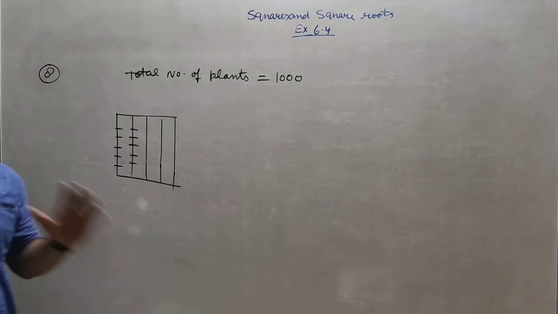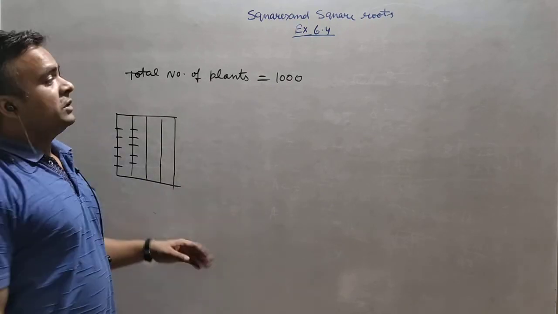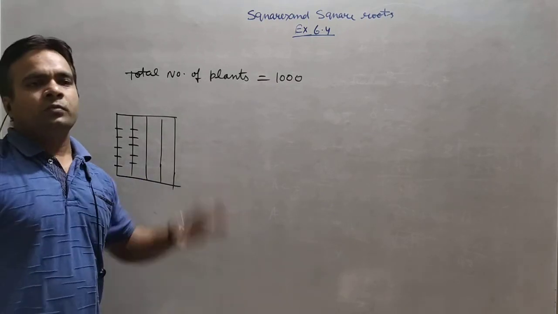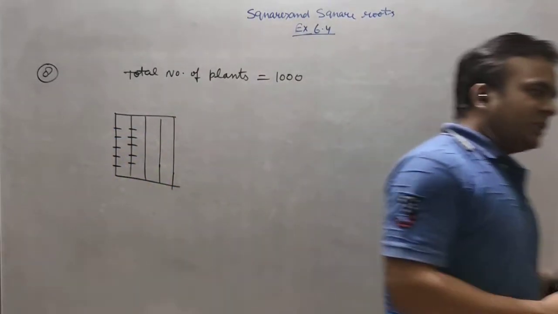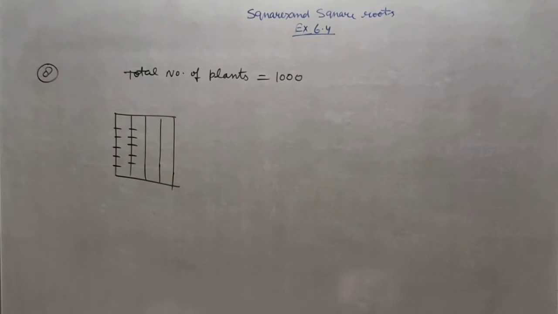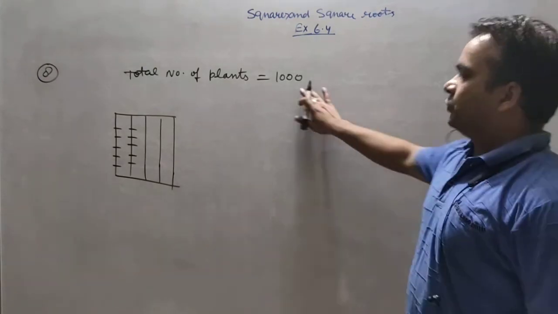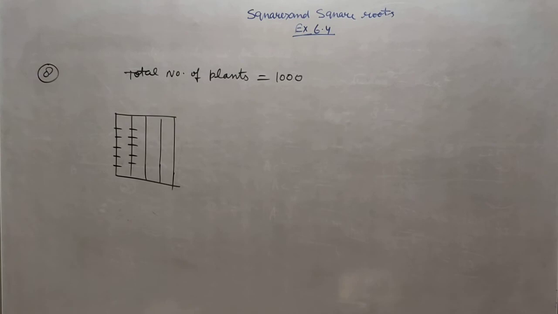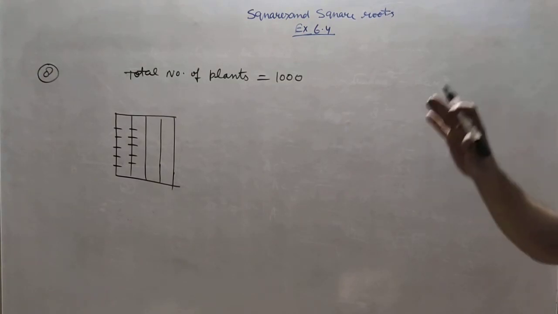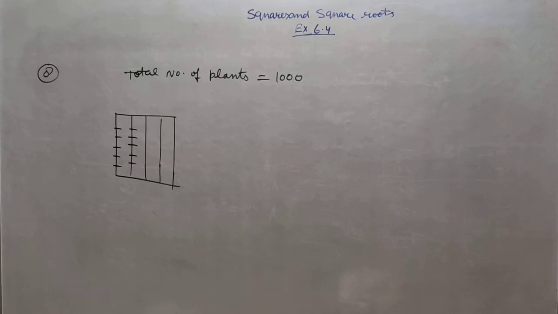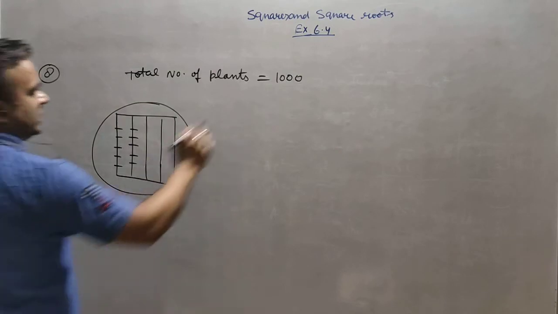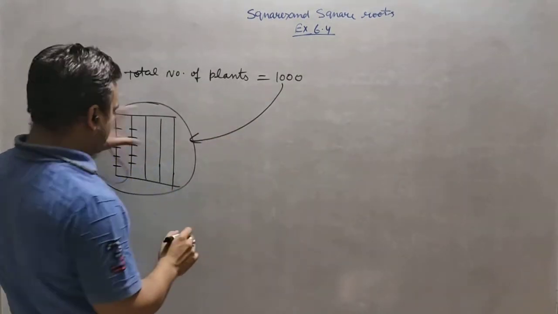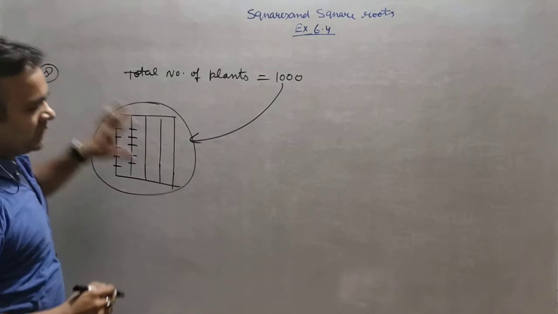If 1000 is not responsible to make a square, then how many plants we have to add to make it a perfect square? So this question I am trying to connect you. This question is saying in different language, what should be added in this 1000 to make it a perfect square? They have just converted this particular sum in this story, right? Number of plants and number of rows are connected with a square, and they are saying this 1000 will complete this condition or not, that we will check.